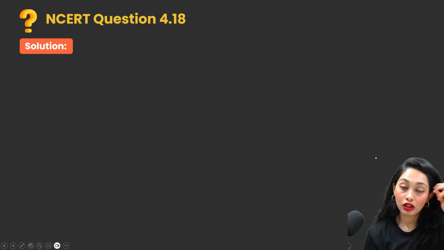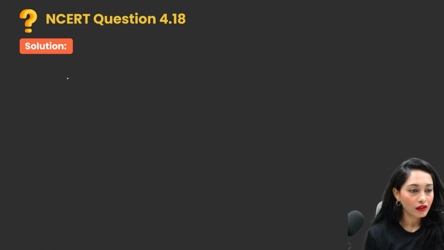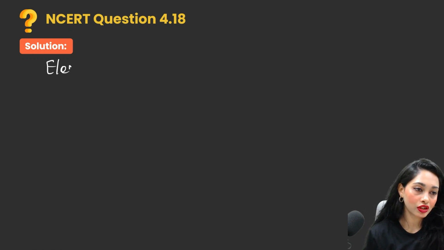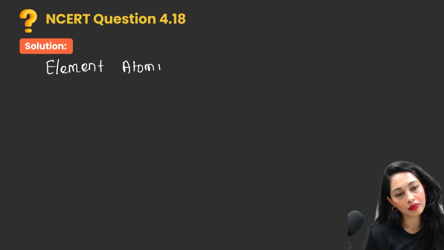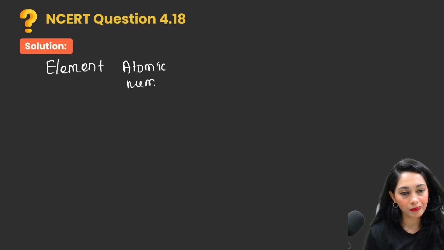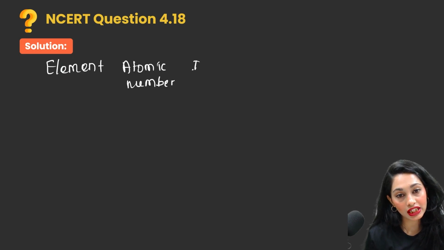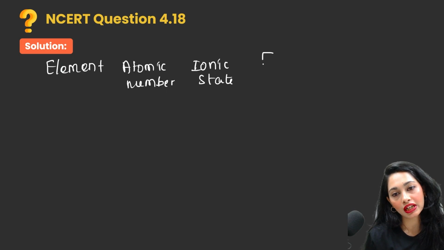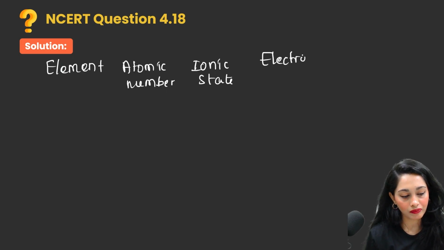If we look at the ions that are given here, we need to first write the element and its atomic number. The ionic state is given here, and we need to write the electronic configuration.